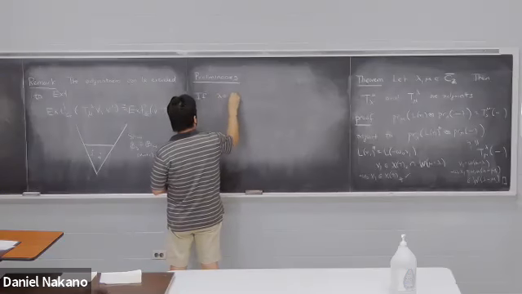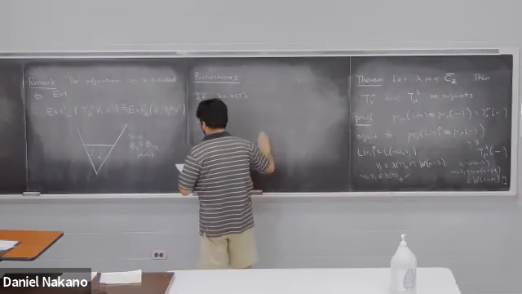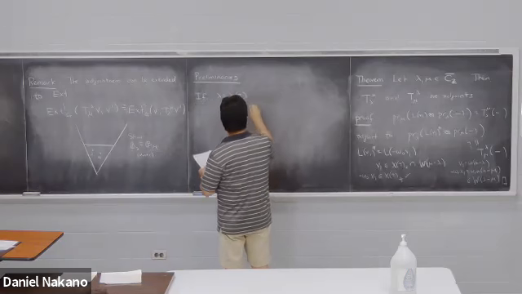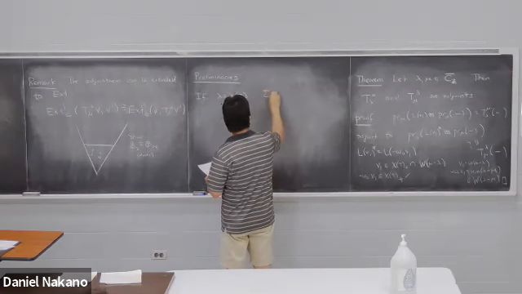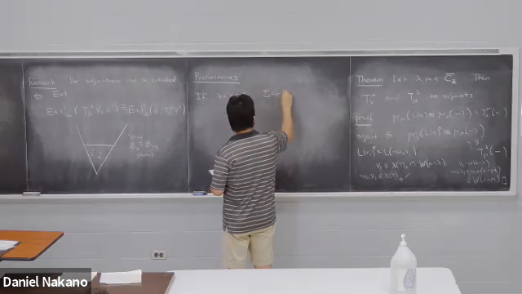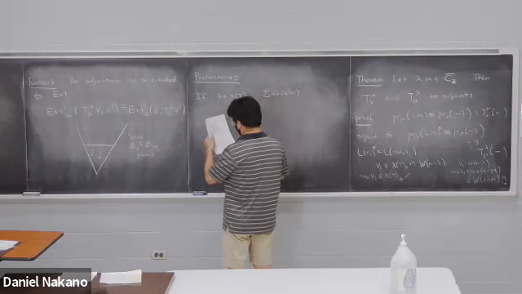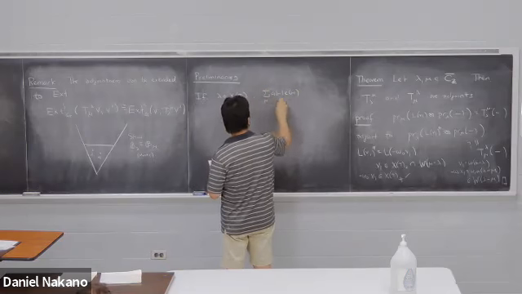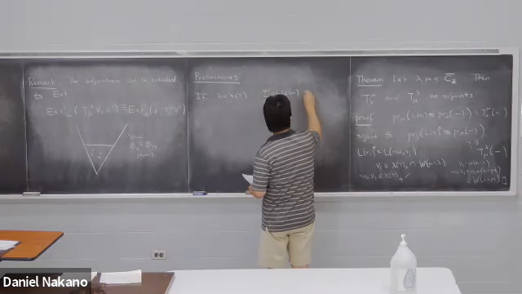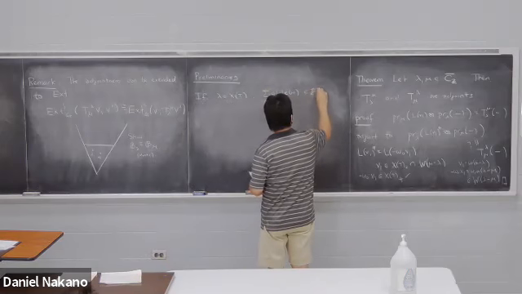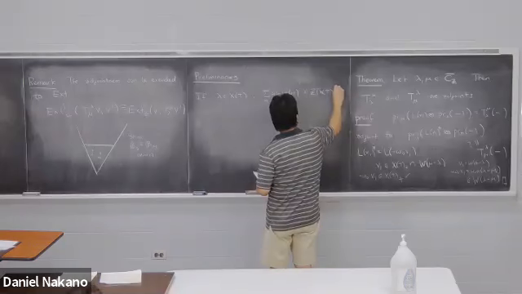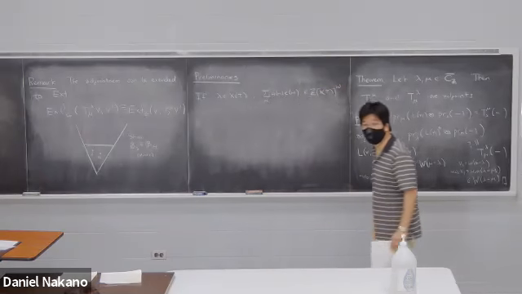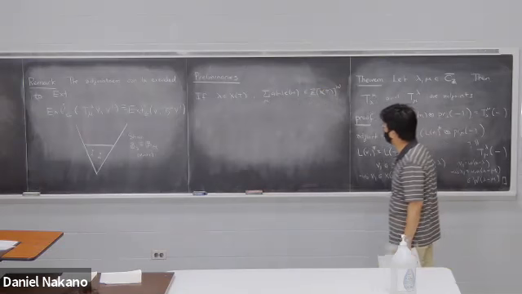If lambda is a weight, and we had this sum, let's call it a_mu e^mu, this part is the character part, and this is just a coefficient. This formal sum is invariant under the Weyl group action.